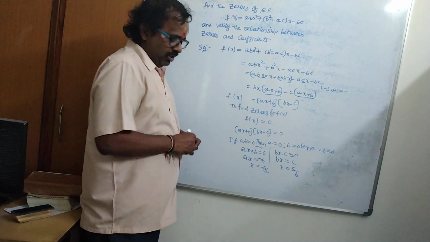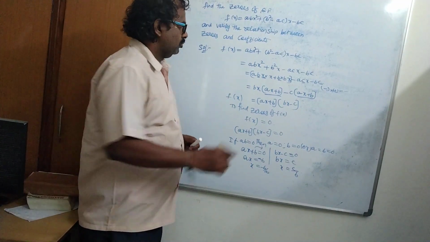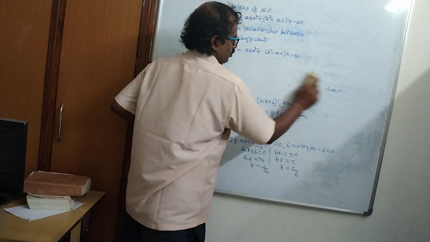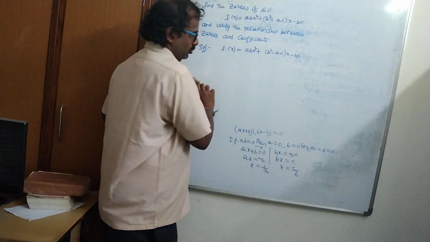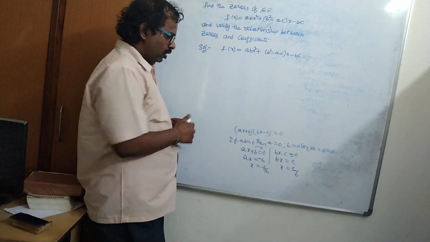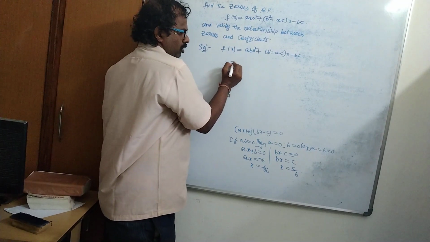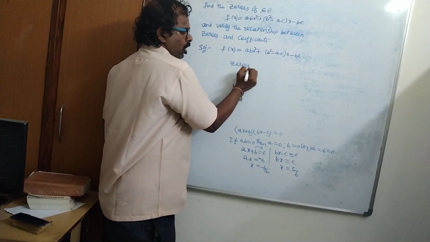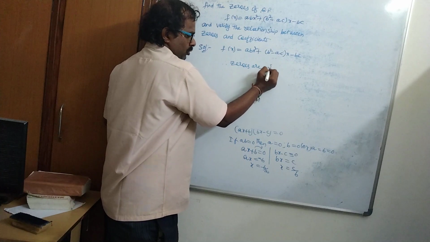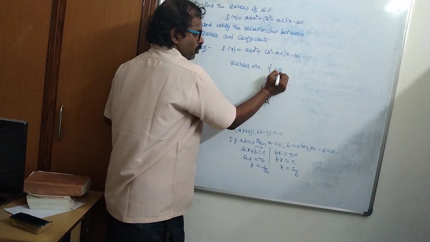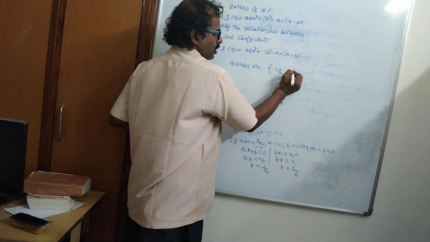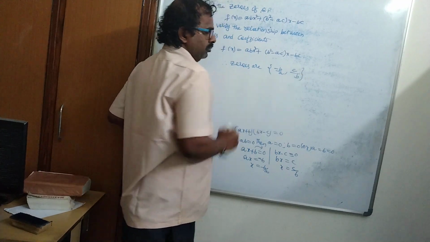Therefore the zeros are minus b by a, c by b.